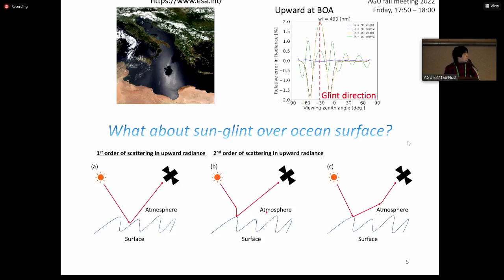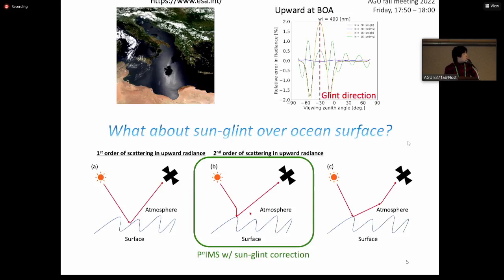And for the second order, we can think of two patterns. One is before surface refraction, or after surface refraction, where they're scattered in the atmosphere. In this study, we only consider the before surface refraction pattern, called the PIMS with sunglint corrections.